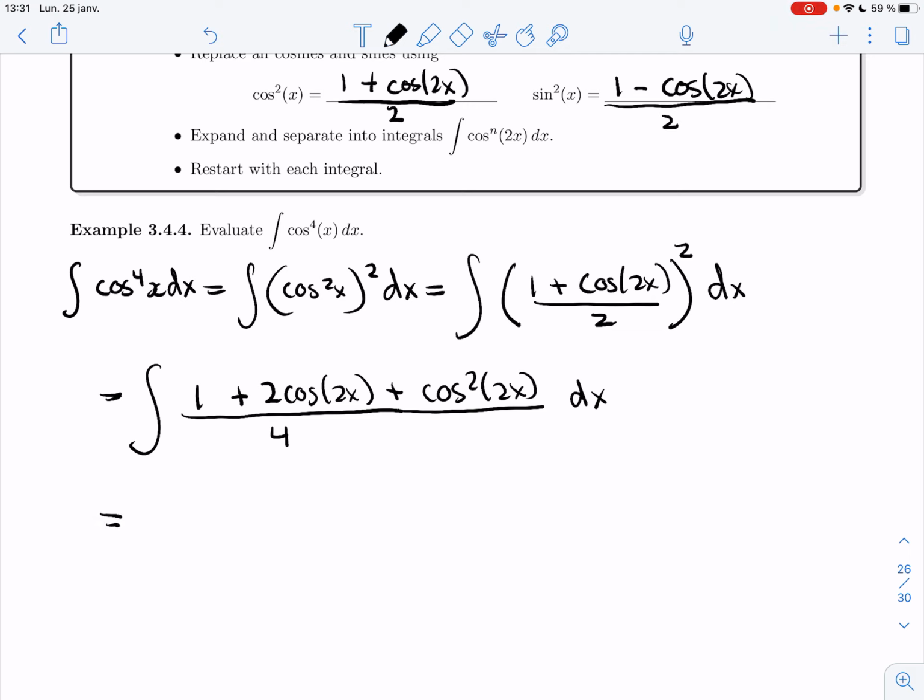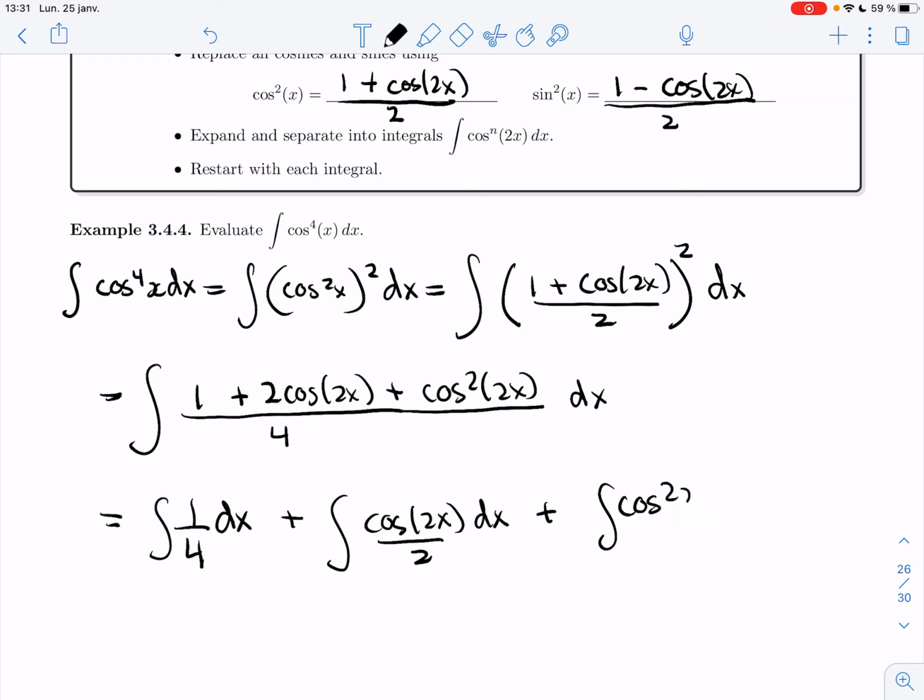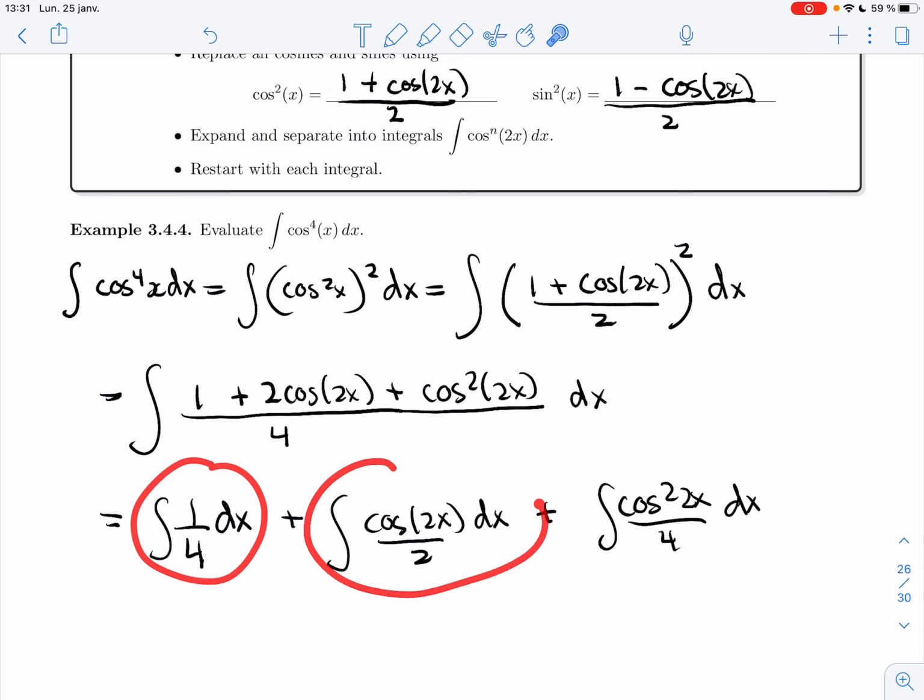All right, now I need to separate them into integrals. So I get 1/4, I get cosine 2x over 2, and I get cosine squared 2x over 4. All right, so this one, easy. This one, medium. This one, I still have a squared, so I'm going to reapply the technique. The third one is hard.